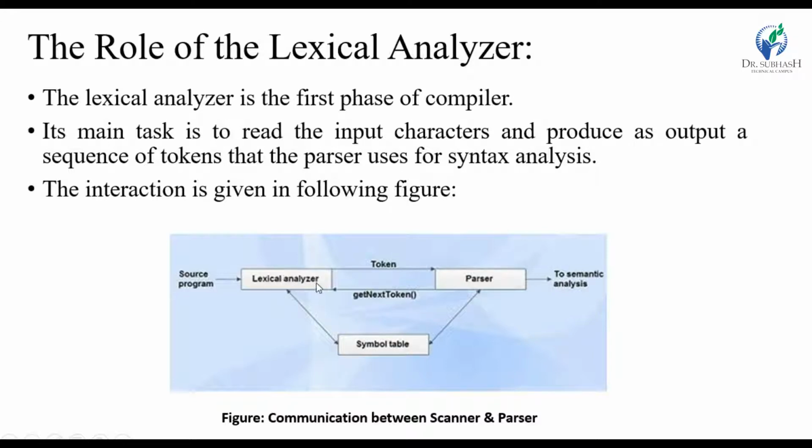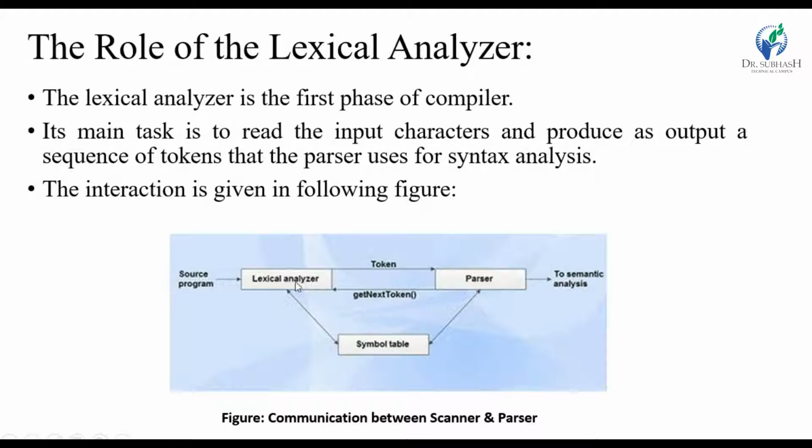The lexical analyzer generates a token and gives it to the next phase of compiler, which is the parser or syntax analyzer. If it is a valid token, then the parser sends a get next token request to the lexical analyzer.